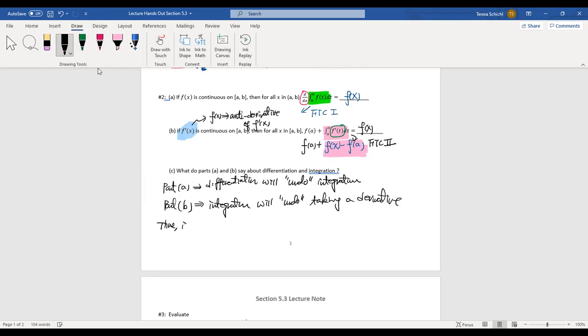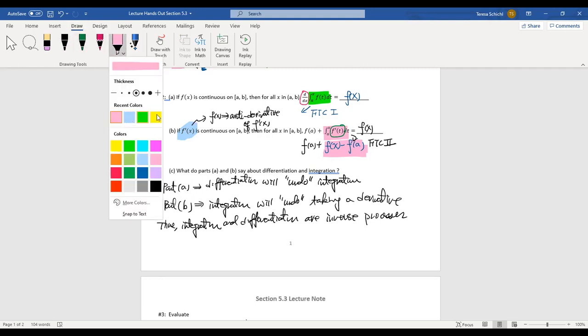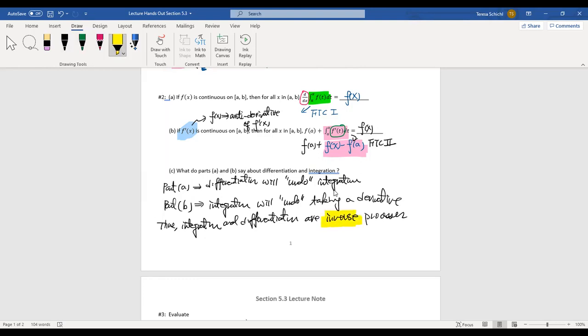We said integration and differentiation are inverse processes. So people finally identified that they are the inverse process of each other. The integration will undo the derivative, and the derivative will undo the integration.